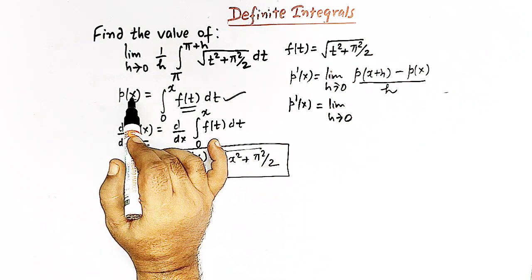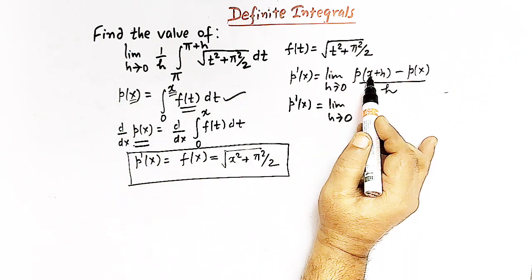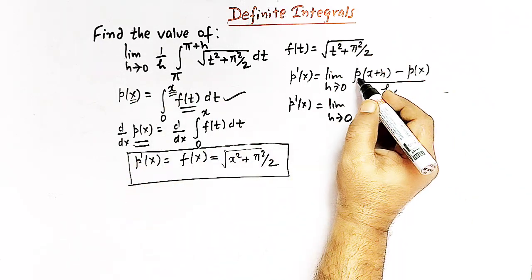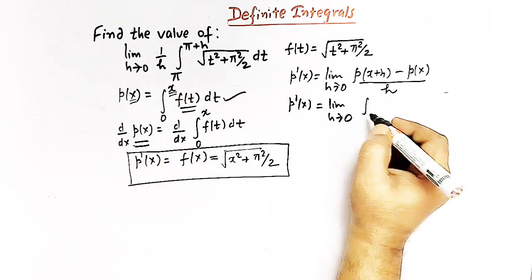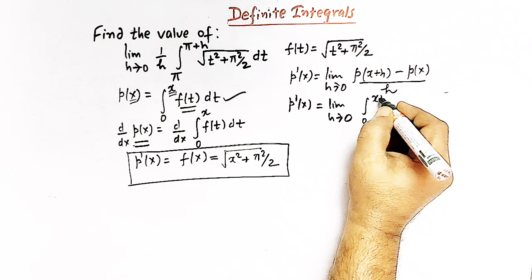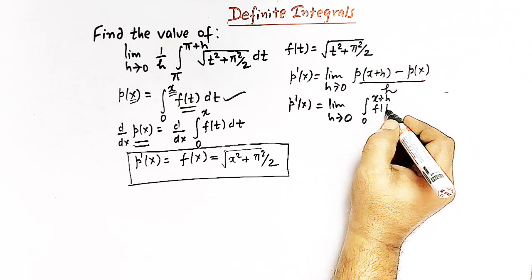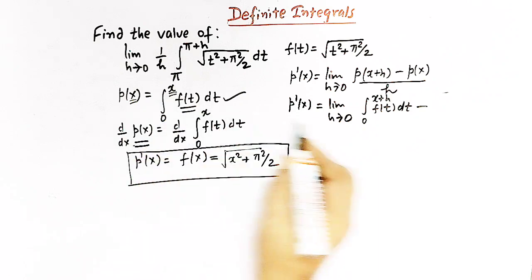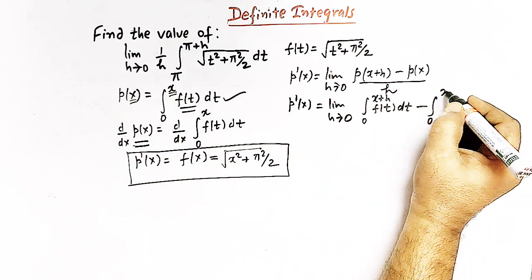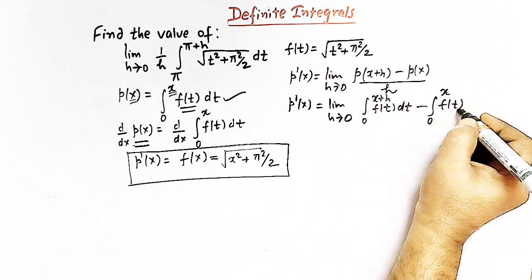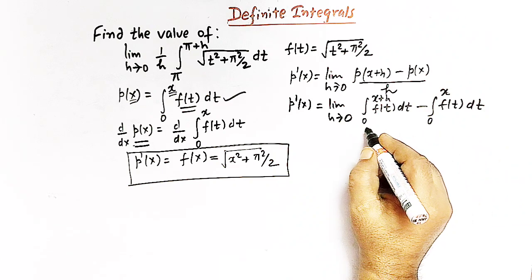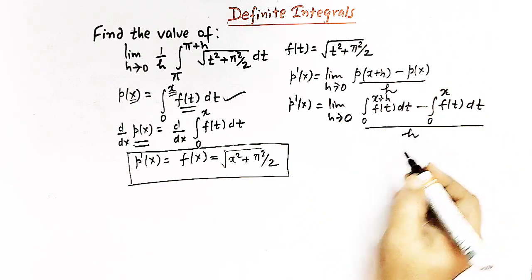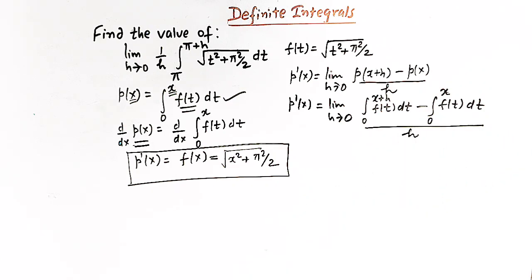So if we replace this x by x plus h, then p of x plus h can be written as the integral from 0 to x plus h of f of t dt, and p of x is given by the integral from 0 to x of f of t dt, and in the denominator we have h.